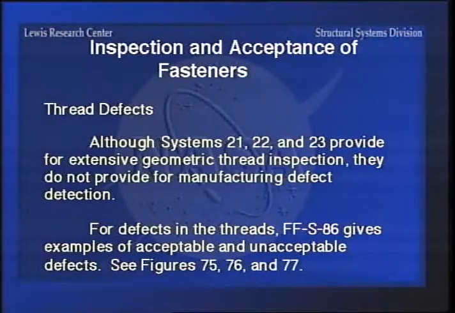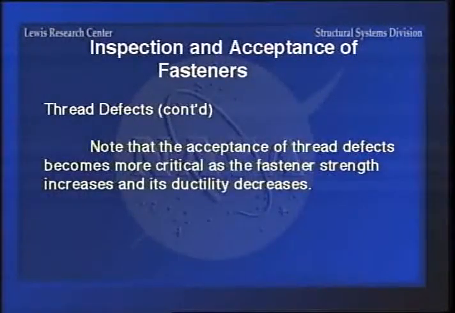FFS86 federal spec gives examples of acceptable and unacceptable defects, and we'll look at those in subsequent figures. And you will note that the acceptance of the thread defects becomes more critical as the fastener strength increases and the ductility decreases. So there has to be some engineering judgment exercised on it.